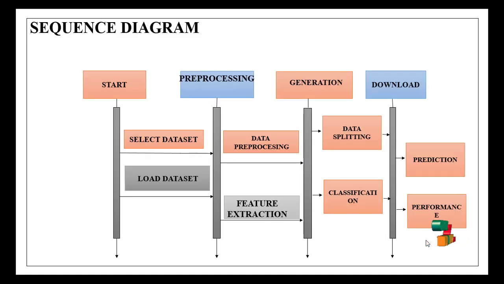This is a sequence diagram. We have to divide that into 4 sequences: start and pre-processing, and then after that classification, and then prediction. Select the data, load data, pre-processing and extraction, and splitting, classification, prediction, performance analysis.